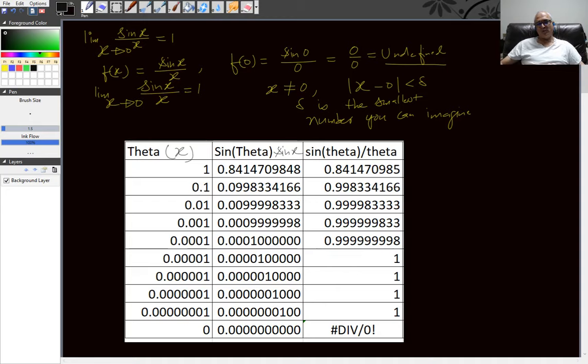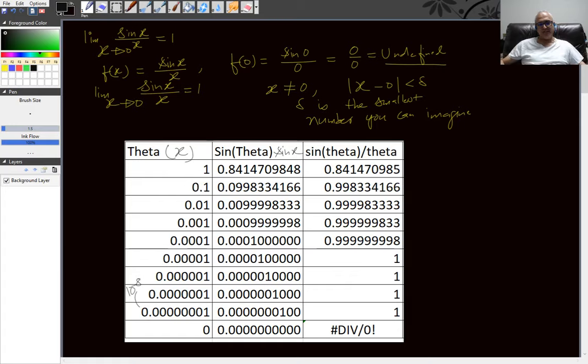I wanted to show you actual values of sin x and x as x becomes very small. So we start with 1 and go all the way to 0, and over here is 1, 2, 3, 4, 5, 6, 7, 8. So 10 to the power minus 8.